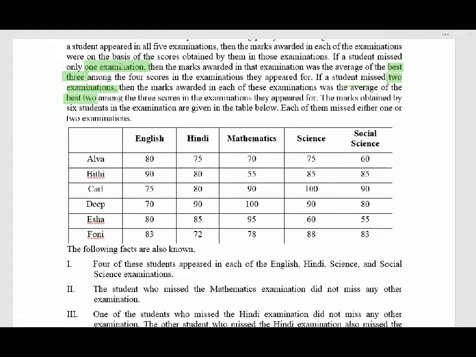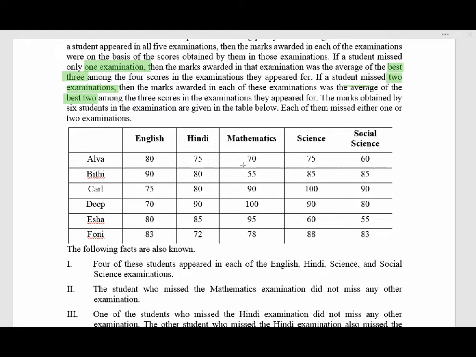Okay. 4 of the students appeared in each of English, Hindi, Science, Social. Somebody appeared in English, somebody, okay, fine. The student who missed maths did not miss any other exam. So can we find it out? ALVA, maths is 70. What is the best score of ALVA? 80. Second best, 75. Third best, 75. And 70 is not the average of that.